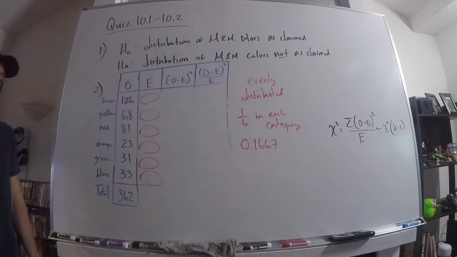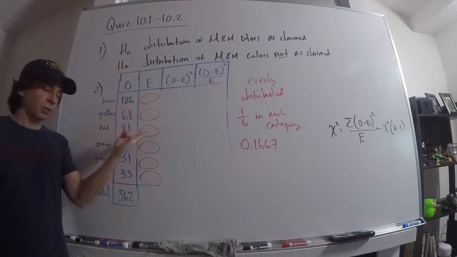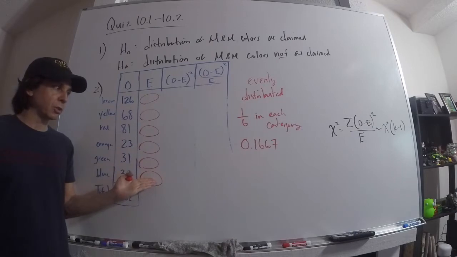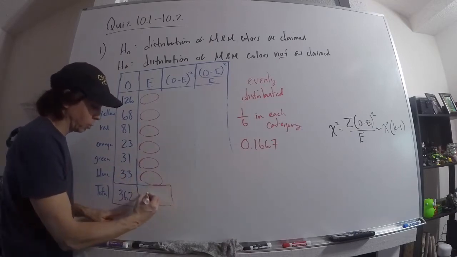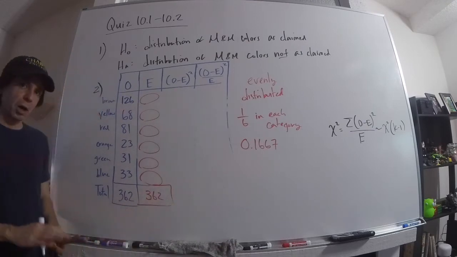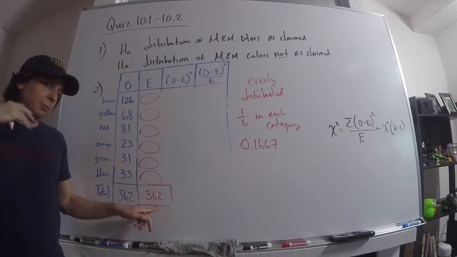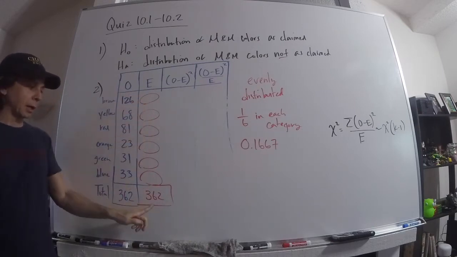So that's 16.7% should be brown, 16.7% should be yellow, 16.7% should be blue, red, and so on. All should be 16.7% of your total M&Ms. You're looking for this to total 362. Possibly a little bit off of that because of rounding errors. If we round, it might be a little bit off. But apart from that, we should have the same number in each, adding up to 362.